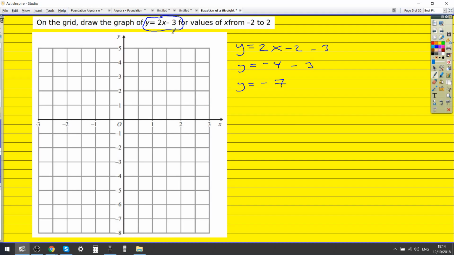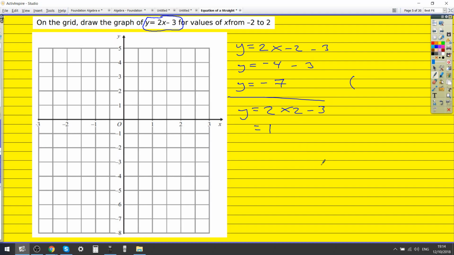Yeah, because it's y equals mx plus c. So if you know it's a straight line graph, what you could do is just find the endpoints and join them up. Oh, right, well, so I could just be like 2 times 2 minus 3. Yeah. So 1. And then if I plot minus 7 and then I plot 1.